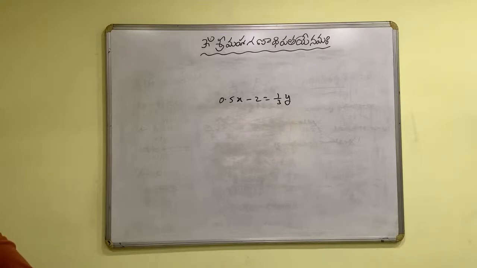Another problem is given on the board: 0.5x minus 2 plus 1 by 3y is equal to 0.